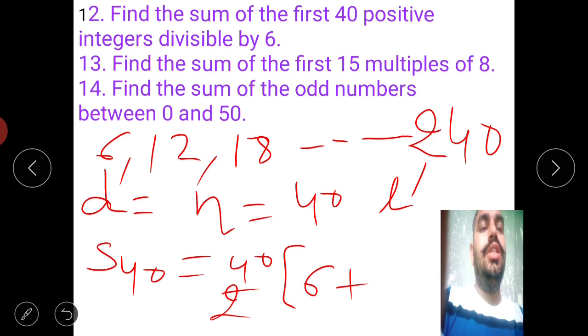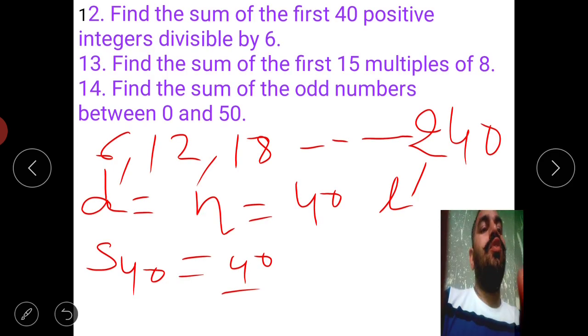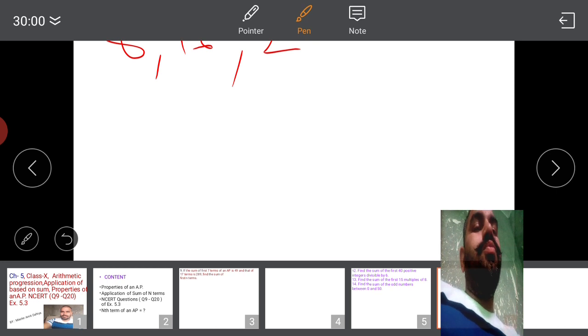Second question here: find the sum of first 15 multiples of 8. 15 multiples of 8 means 8 ones are 8, 8 twos are 16, 8 threes are 24, up to 8 fifteens are 120.